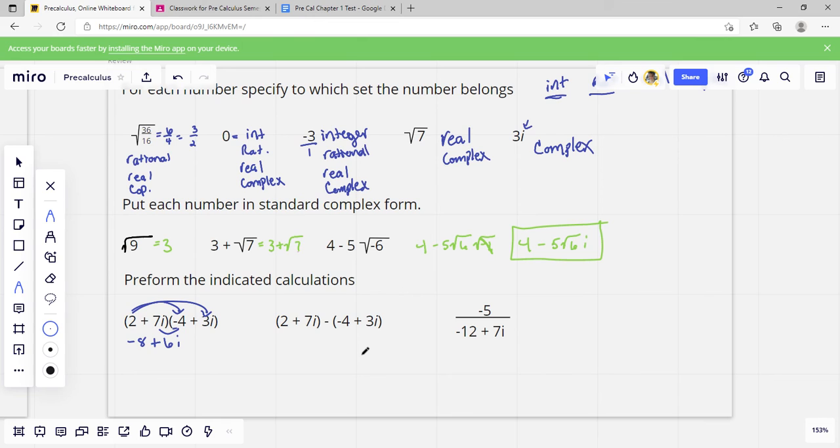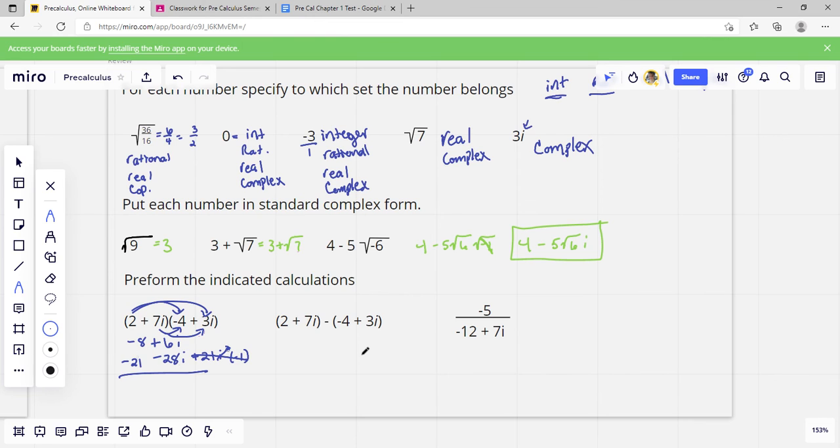Then we're going to multiply right here. 7 times 4 is 28. And then 3 times 7 would be 21. And that is i squared. And we know that i squared is really negative 1. Negative 1 times 21 would be negative 21.